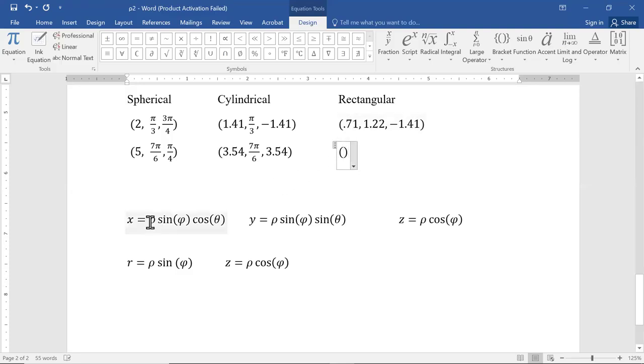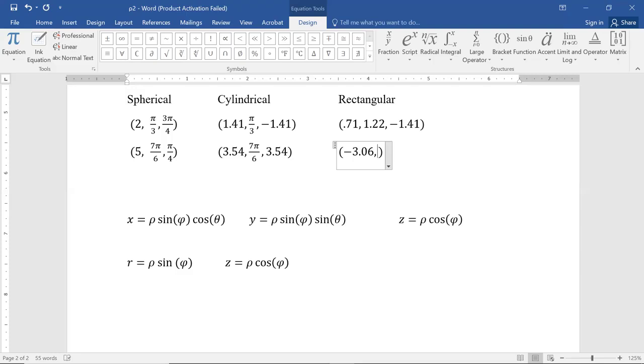All right, let's go to rectangular. So with rectangular, it is 5 times sine of pi over 4 multiplied times cosine of 7 pi over 6. When I do that, I get a rectangular value of x as negative 3.06, roughly speaking. My y value is going to be 5 times sine of pi over 4 times sine of 7 pi over 6.